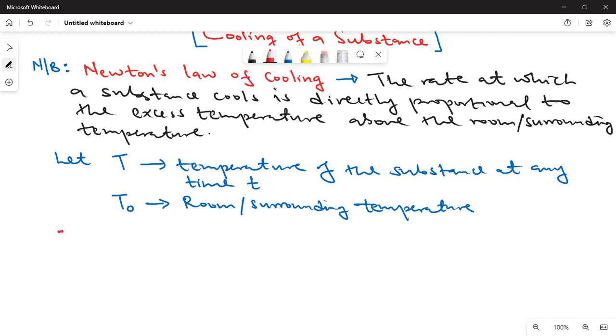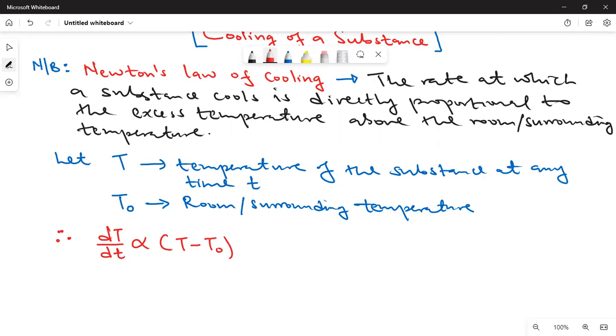Therefore, we are told the rate at which the substance cools, that is dT with respect to time, is proportional to the excess temperature above the room temperature. So we subtract T minus T naught.